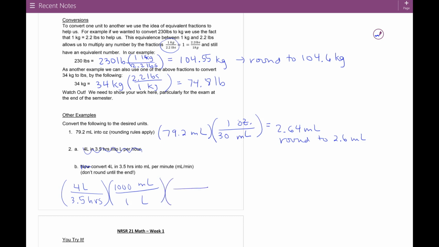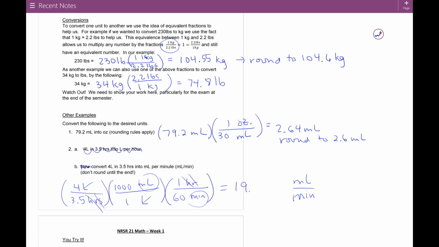And then we convert hours into minutes by 1 hour in 60 minutes. And the hours cancel, and the liters cancel, so I'm left with milliliters on the top and minutes on the bottom. So my units are correct.